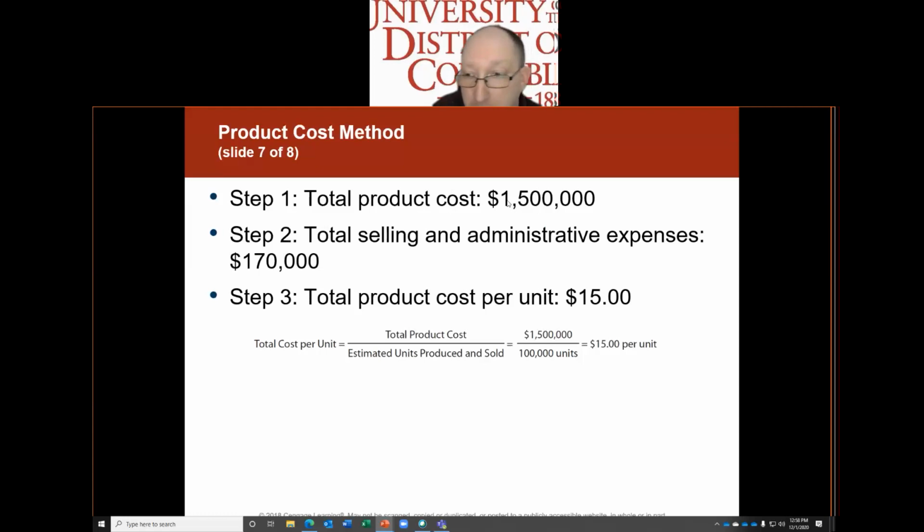That's your direct materials, direct labor, factory overhead. Step 2, selling administrative expenses, 170,000. Step 3, total cost per unit is $15 per unit. How we got there? You took your total product cost, 1.5 million, divided by the 100,000 units we're going to produce and sell. That's $15 per unit.